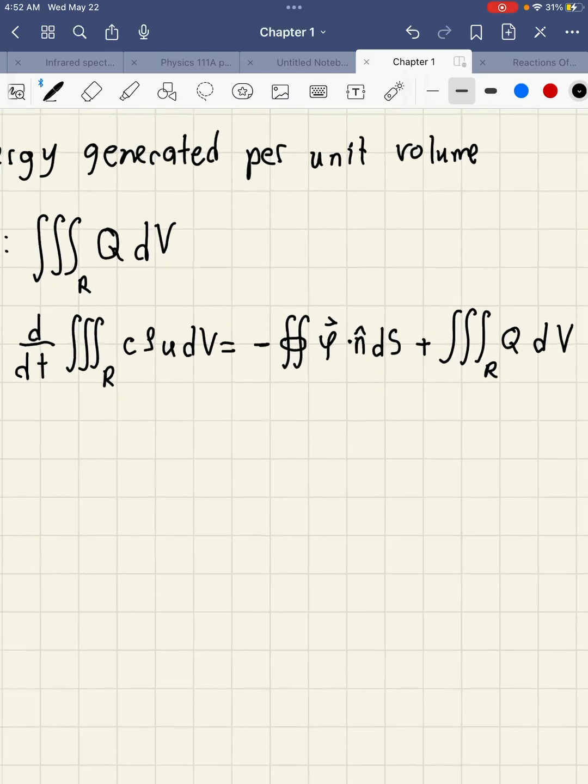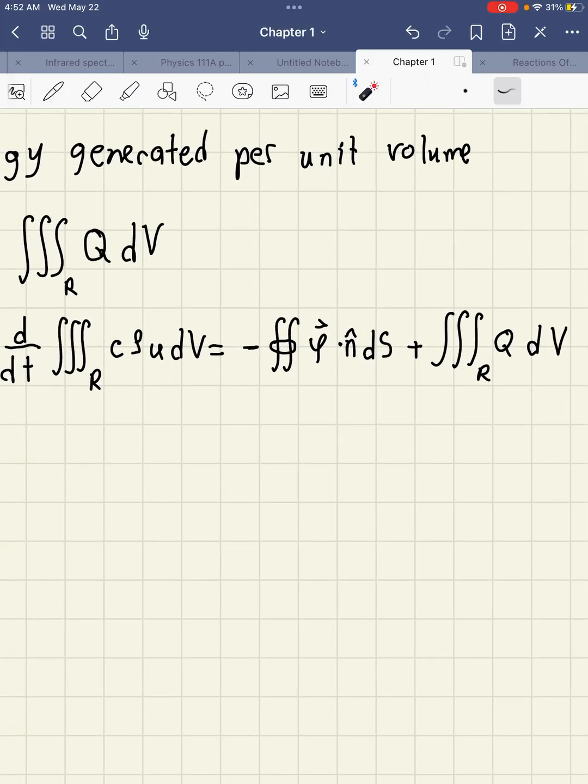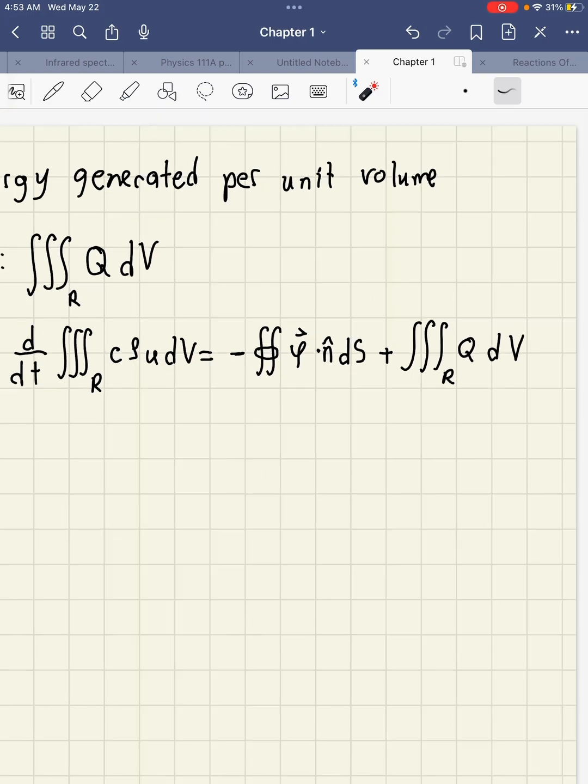Now this part and this part seem fine, right? If I combine them, now I have to worry about this part. How can I rearrange this? Very simple.